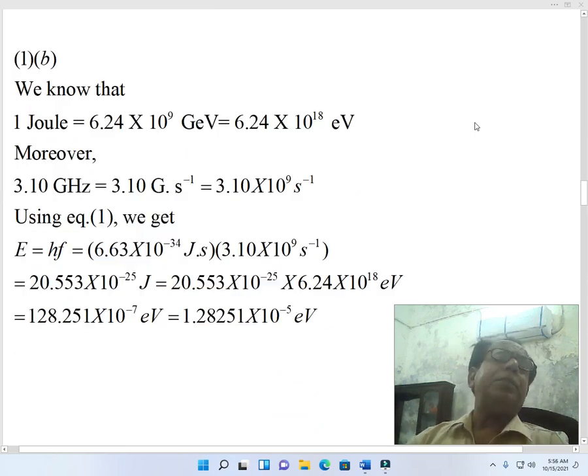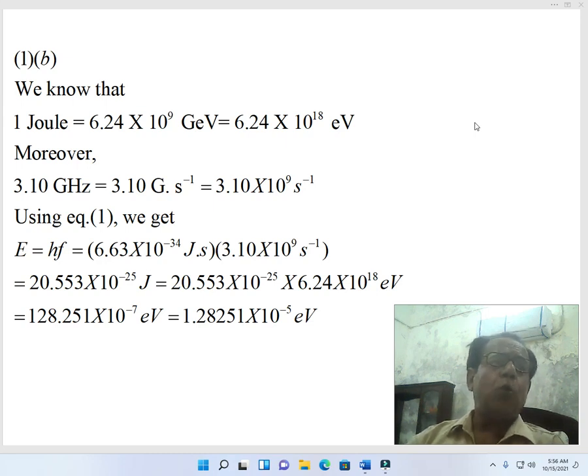Here, dear students, we do not repeat all steps, because the same procedure has been adopted here as in part A. The only change is that here, in place of tera, giga is used.